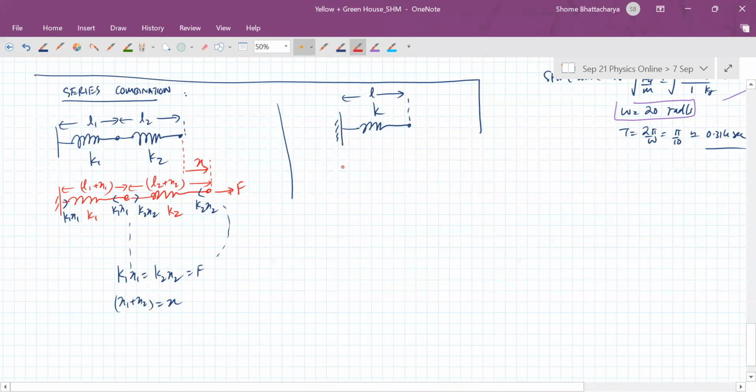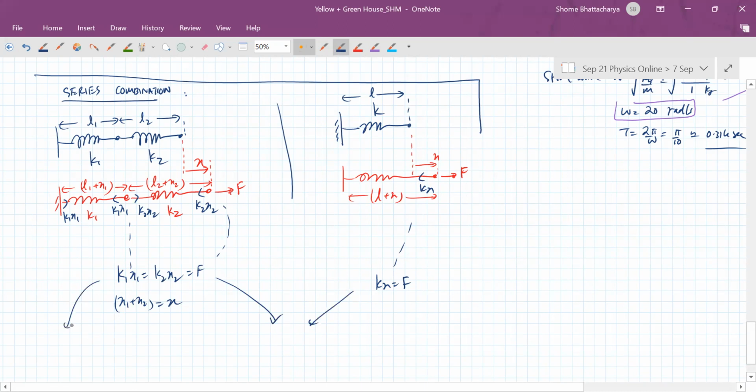Whereas for the single spring, we have kx equal to F.